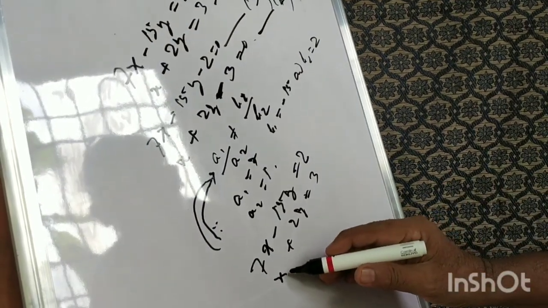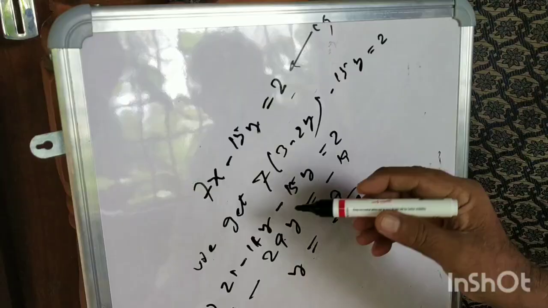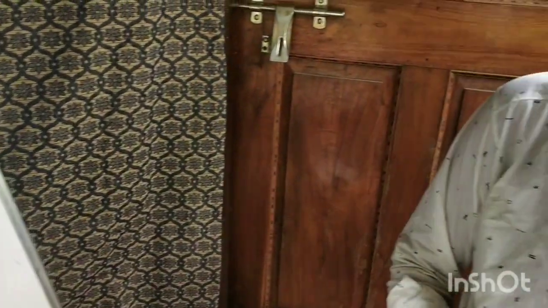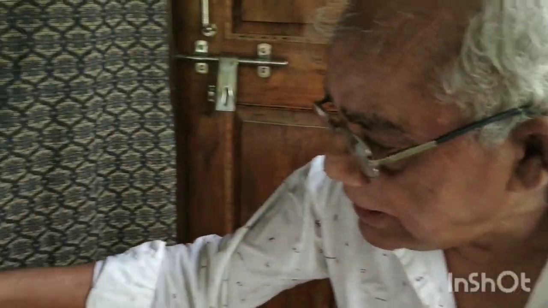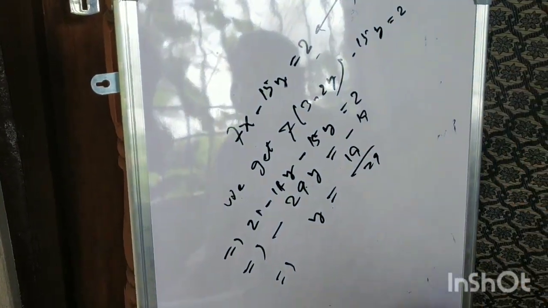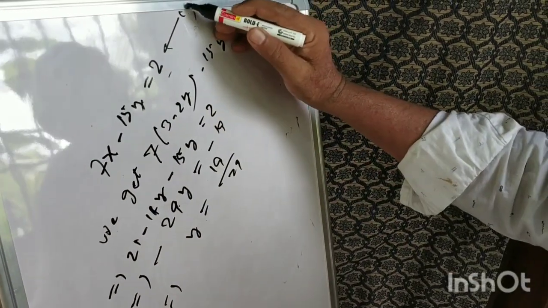We can find the value of x here from the second equation in terms of y. From the equation x plus 2y is equal to 3, we get x is equal to 3 minus 2y. And we substitute it in equation number 1.